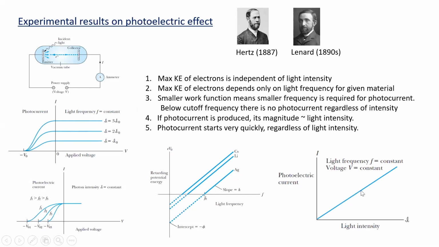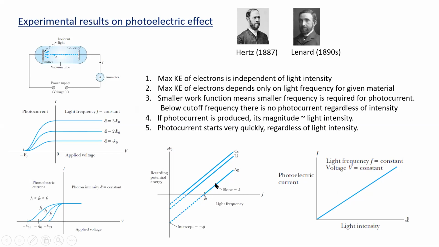The higher the intensity of the light, the higher the photocurrent will be. But again, below that critical cutoff frequency here in the dashed region, there's no photocurrent regardless of intensity. So the intensity only matters once we get past a certain cutoff frequency.